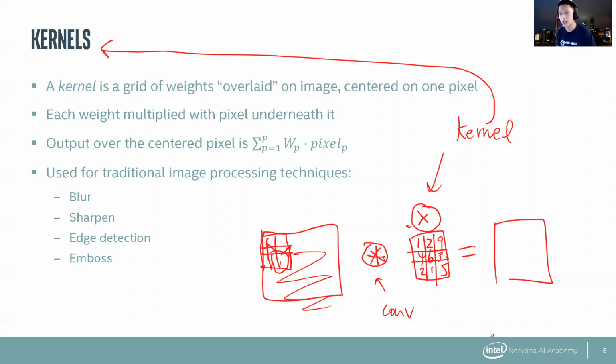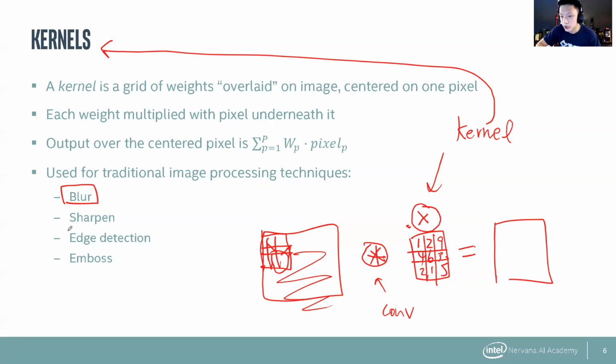Traditionally people have used these filters for very cool things. If you've ever wondered how blur works, when you go to Adobe Photoshop and apply a blur on an image, this is actually how it's done. You convolve the original image with a filter and it blurs everything.